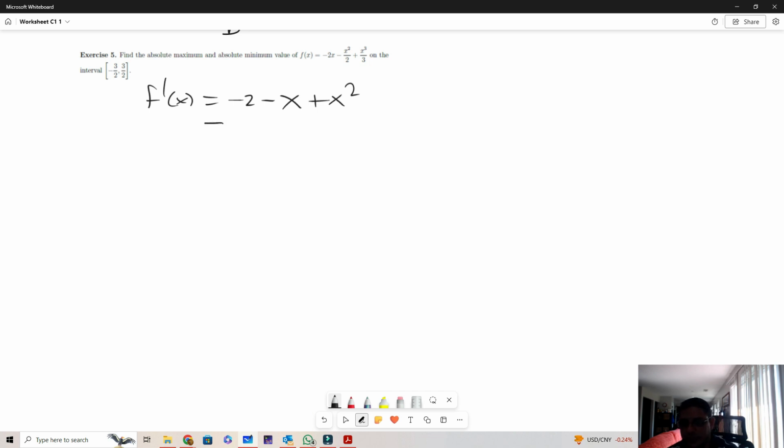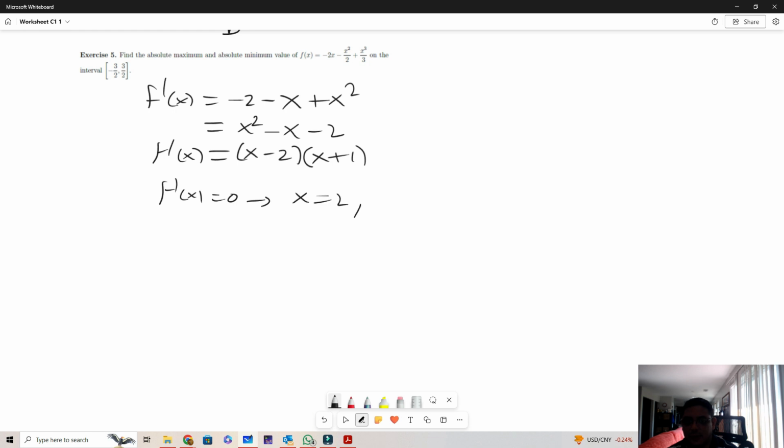I can reorder this as x squared minus x minus 2. So I can probably factor this as two numbers that multiply to give me minus 2, but the sum gives me minus 1, so (x minus 2)(x plus 1). And so this will be f prime. Notice that f prime of x equals 0 implies that x equals 2 or x equals -1.